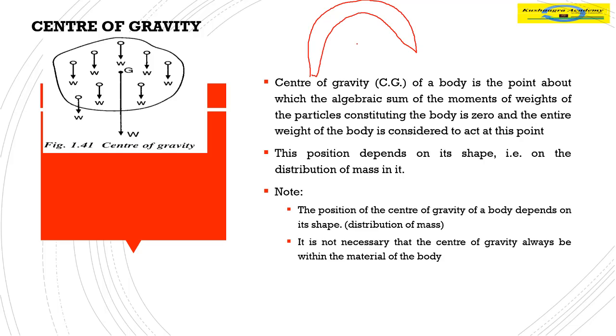So intuitively, we can see that the center of gravity should be somewhere like this, which is not lying on the body. That means there is no point in the body itself, be it here, be it here, or be it here, where the sum of the moments will come to zero.